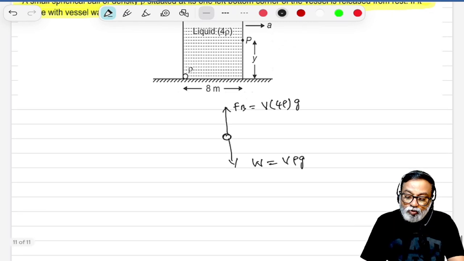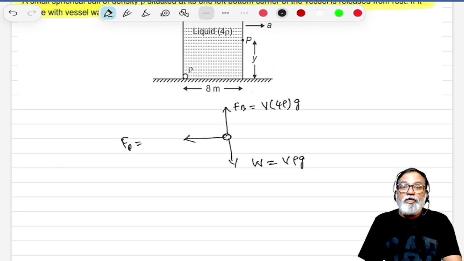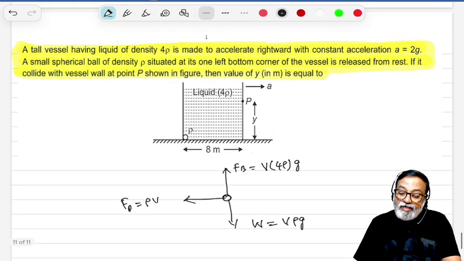Another one, a pseudo force is acting to the left side. Pseudo force is equal to m into a. M means density into volume, density rho volume, but here acceleration is given as a is equal to 2g.